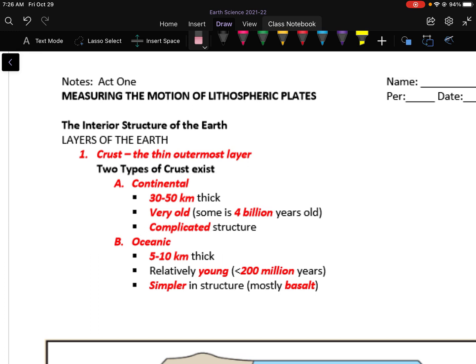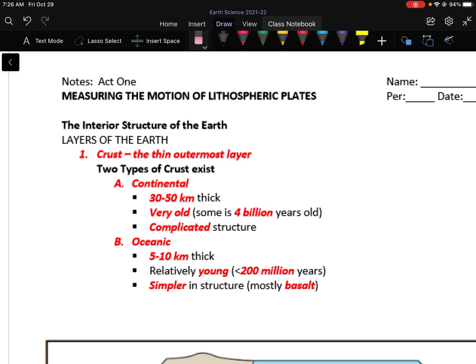The oceanic crust, some of it's being made right now. It's like a baby. And it's also way more simple in structure. If you remember what basalt looks like from last chapter, it's this dark rock. You can't really see any sort of crystal patterns in there. They're very tiny if you can see them.